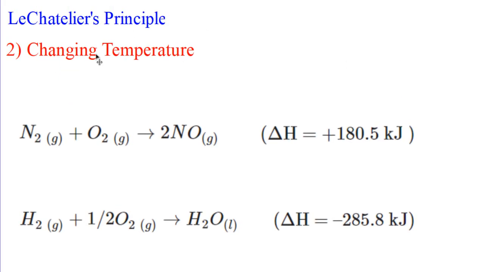Let's go to number 2, which is changing temperature. Now this depends on if we are endothermic or exothermic. You can see right here, this is a positive delta H, which means we know that this is endothermic.